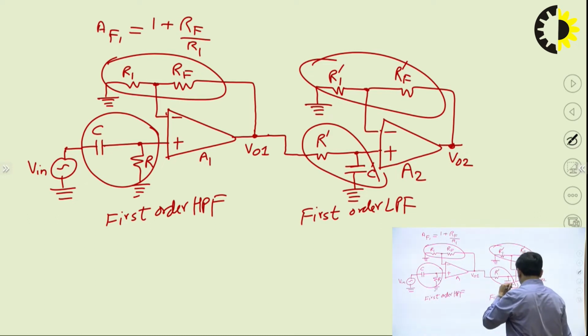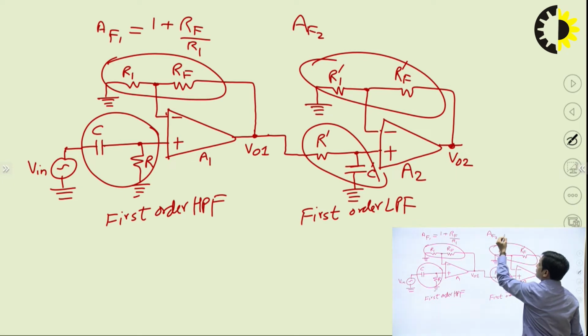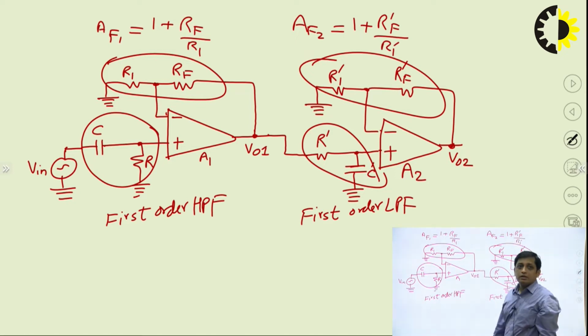Similarly, for the first order low pass filter, the pass band gain is AF2, which will be 1 plus RF dash upon R1 dash. So AF1 and AF2 are the pass band gains of the individual first order high pass and first order low pass filters. So what will be the overall pass band gain?